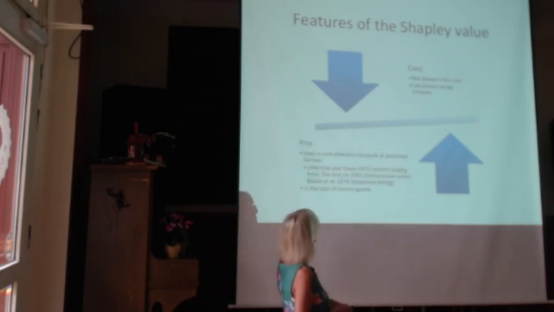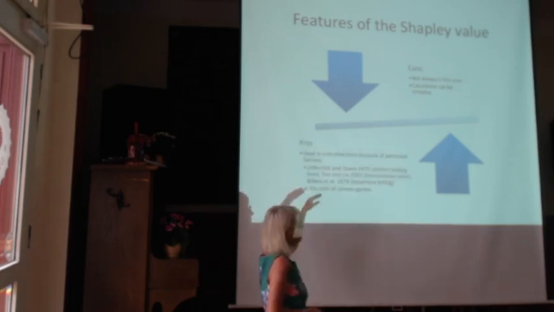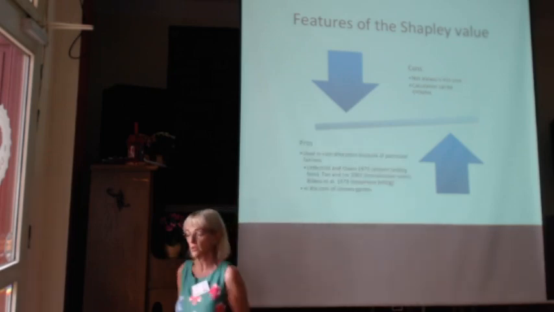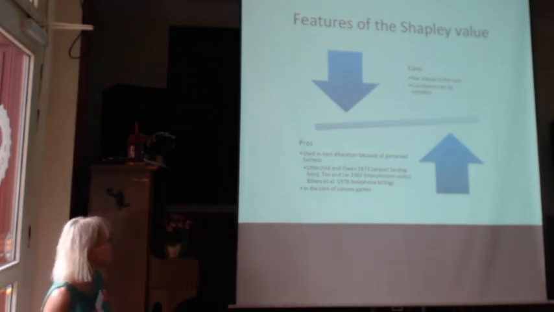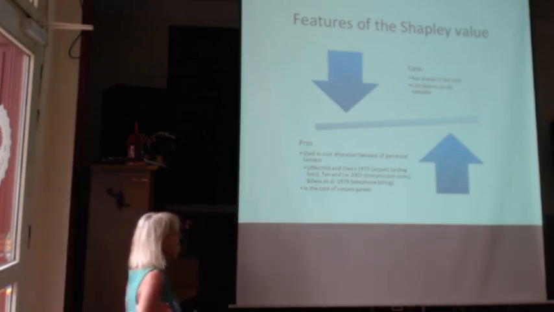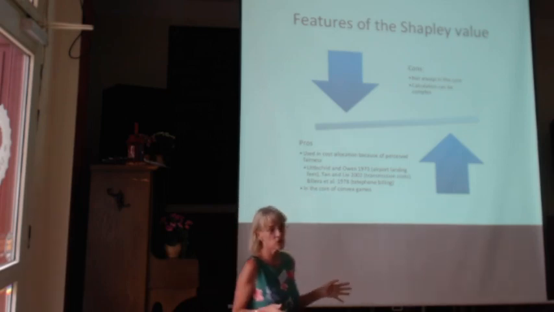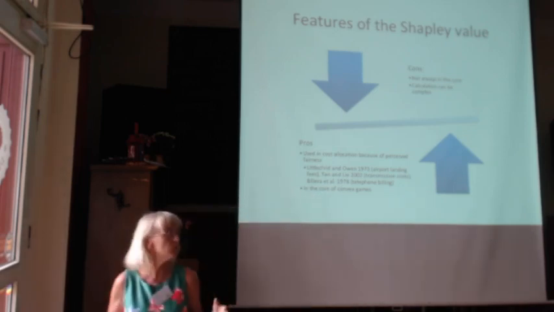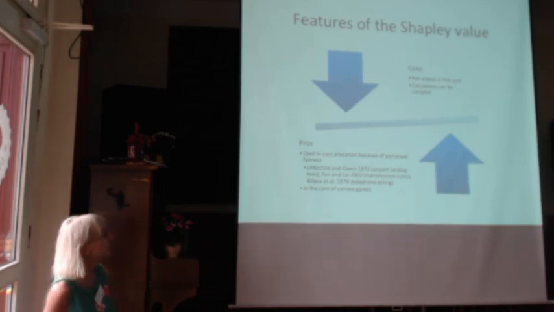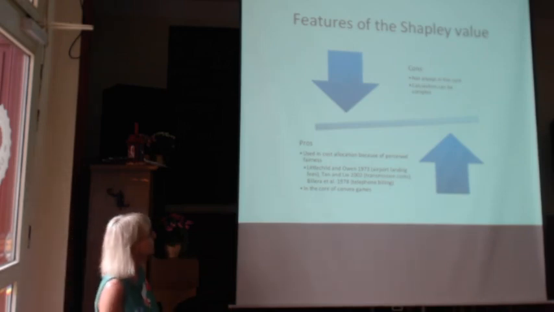But the good thing about the Shapley value is that it is perceived as fair, so it is used in many cases in cost allocation. And if the game is convex, then it does belong to the core, which is good because then it continues with this additional fairness that comes from core membership.